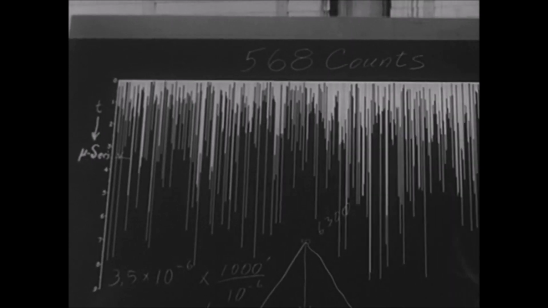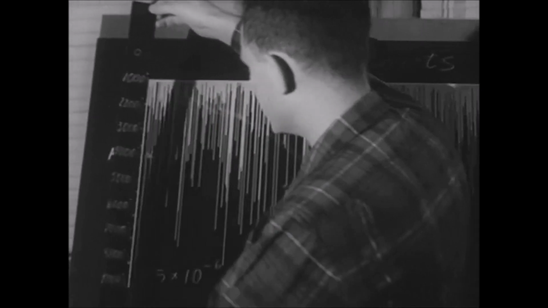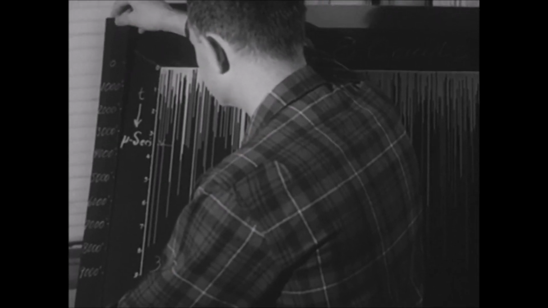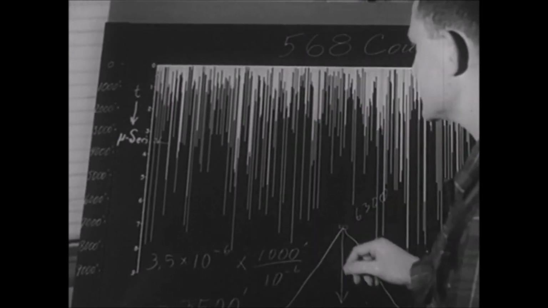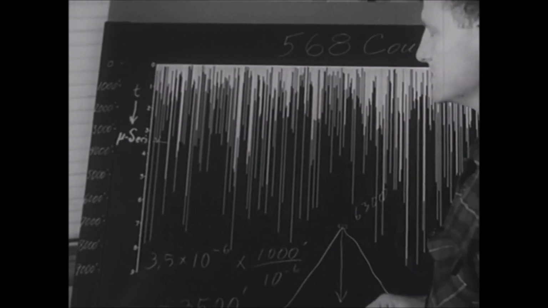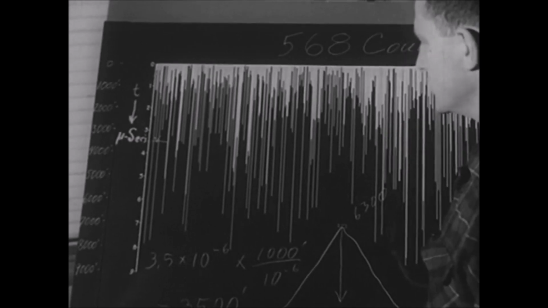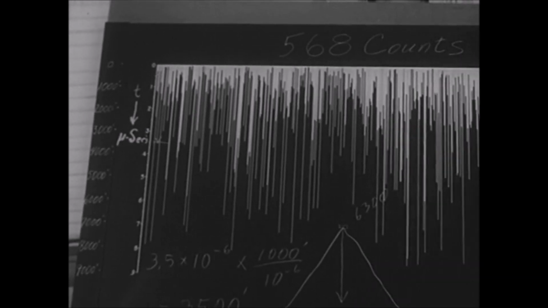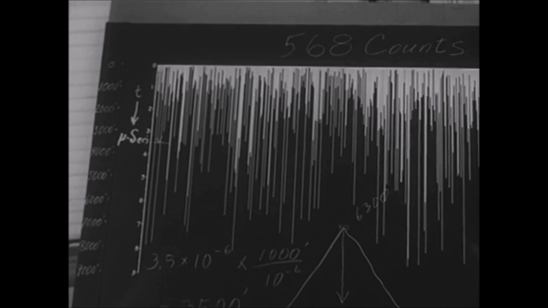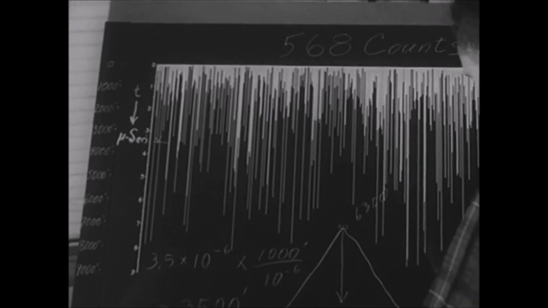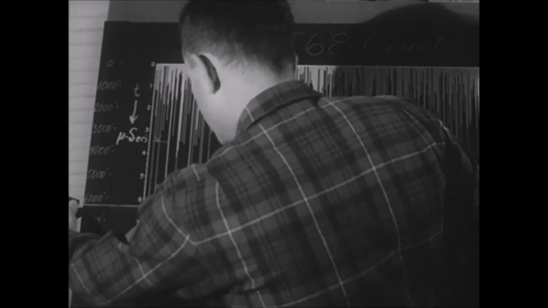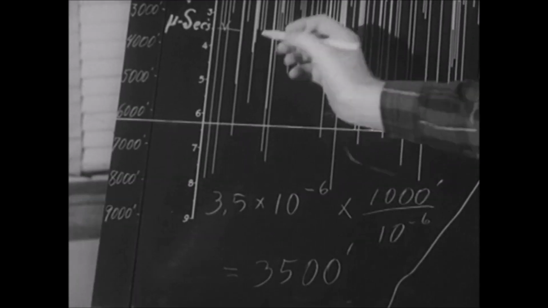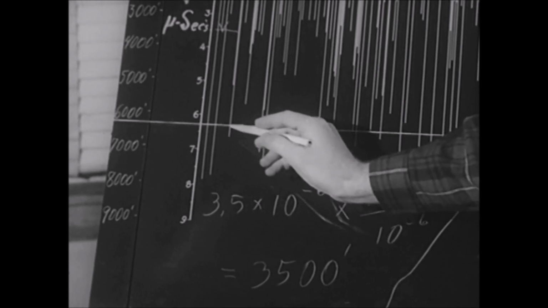I might, in fact, simply relabel this axis over here in thousands of feet. And then we can simply ask, how many of our mesons would live to reach sea level, which is 6,300 feet down? Let me put a string across here at 6,300 feet and simply count how many of our mesons would have gone down that far and reached this level.